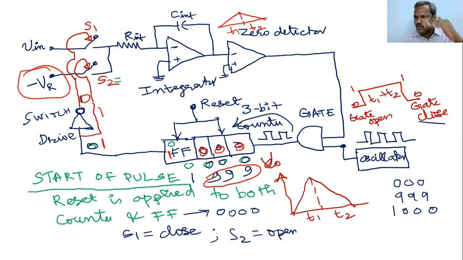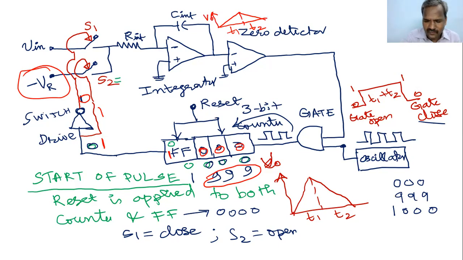The integrator output has a negative slope, which is also constant. The integrator output now decreases linearly to 0 volts. This is volts versus time, with 0 volt and V naught.